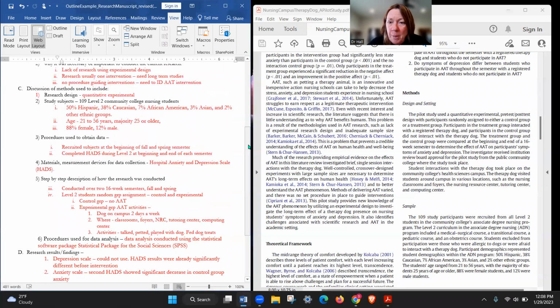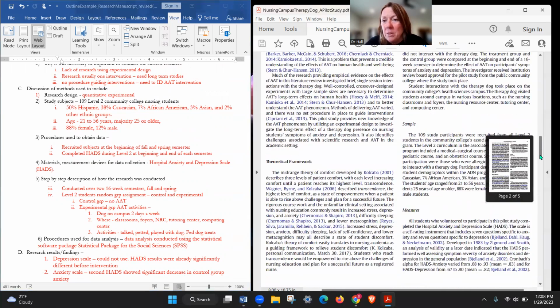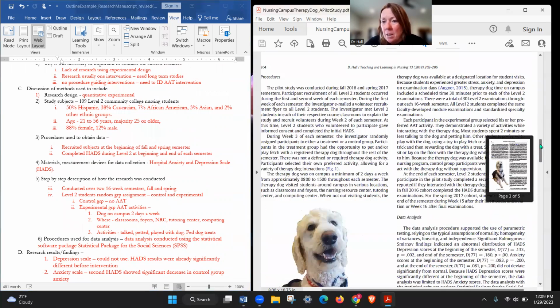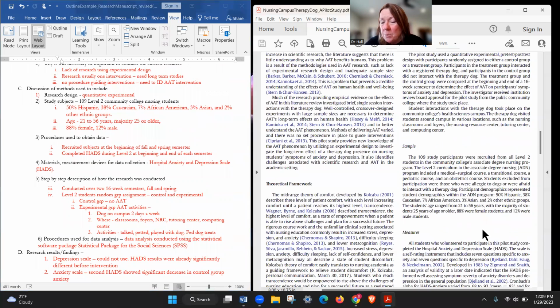So you get past the research design, and you know it's quantitative, you're going to have numbers and those kinds of things. And the next thing on your outline is who your study subjects are. Look at the study subjects in the research article that you pick, because who's included as study subjects in the research study has a direct relation to whether the results can be used for or inferred to another group.